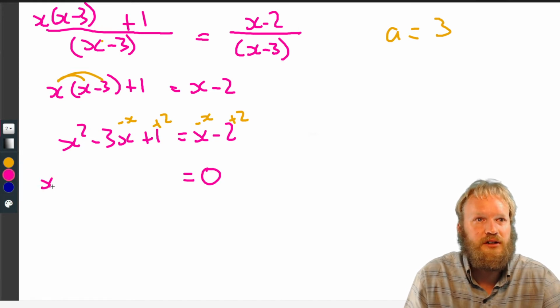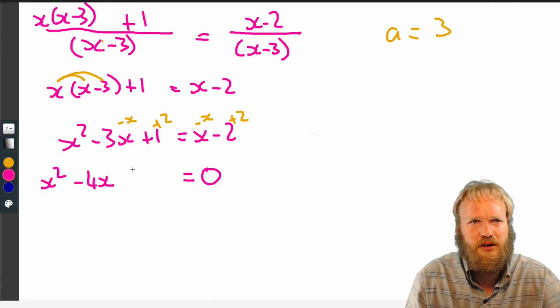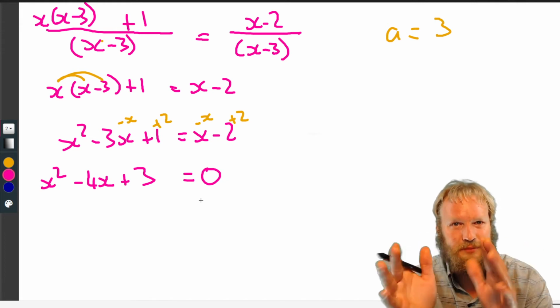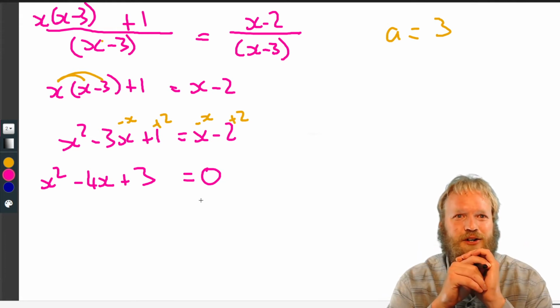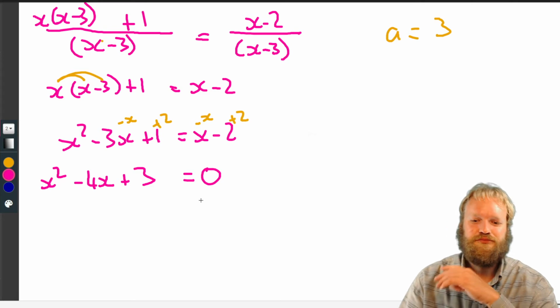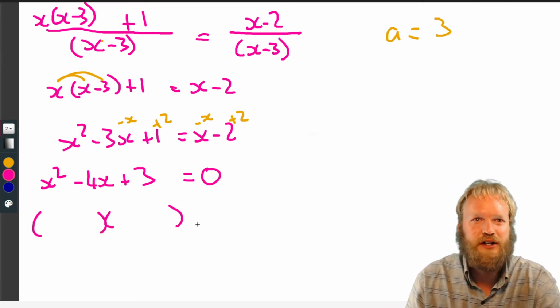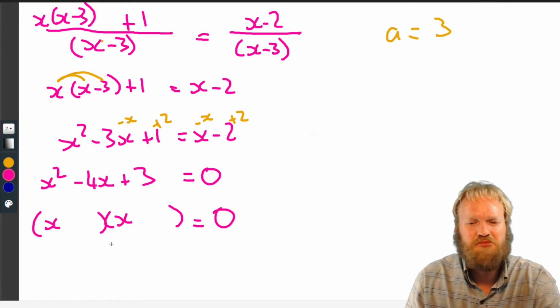So x squared is still x squared, minus 3x minus x is minus 4x, I think. 1 plus 2 is 3. Okay. Now one side, which happens to be the right hand side, is equal to 0. So let's factorize. Bracket, bracket, equals 0. x, x.